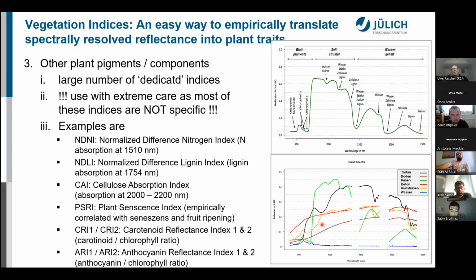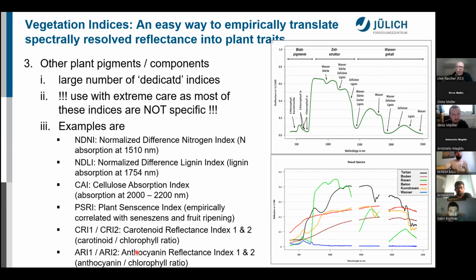And there are a lot of variations of the NDVI, but then not only on the NDVI, but also on other indices which use other absorption features from other components in the plant. So you can, for example, think about if you want to measure lignin, why don't we use the absorption of lignin at 1,400 nanometers? And a lot of vegetation indices were then published in the decades after this to measure, for example, nitrogen, lignin, cellulose, carotenoids, anthocyanin, and so on and so forth.